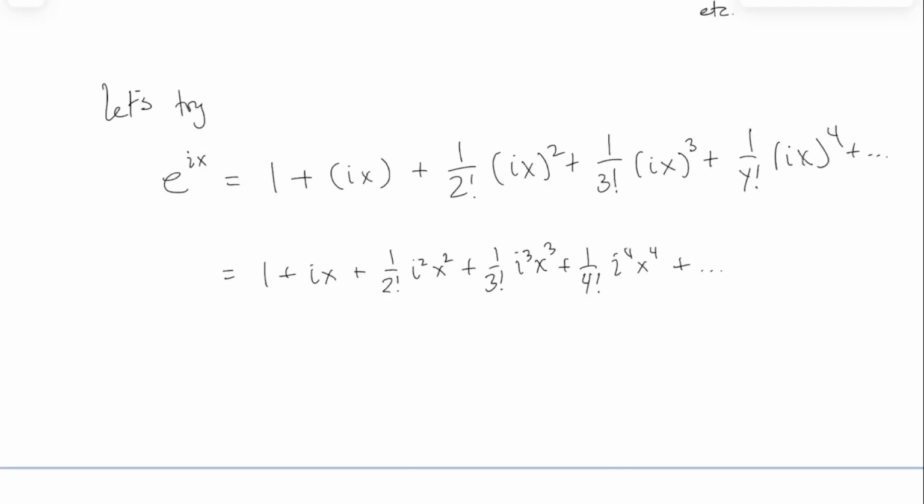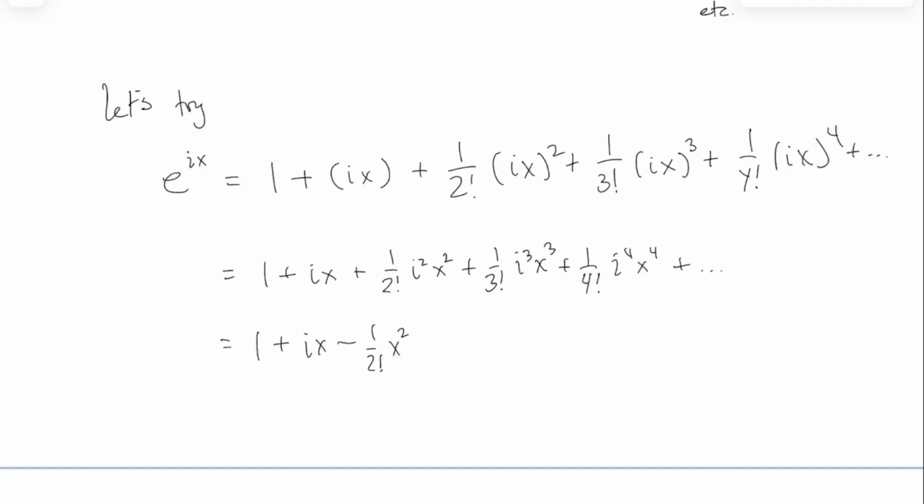And then based on what we said before, I would like to simplify the various powers of i. So this is ix, 1 over 2 factorial. i squared is negative 1. So can I write this instead as minus 1 over 2 factorial x squared, right? Because i squared equals negative 1. i cubed, remember, equals negative i.